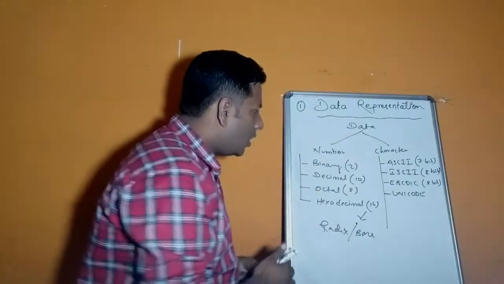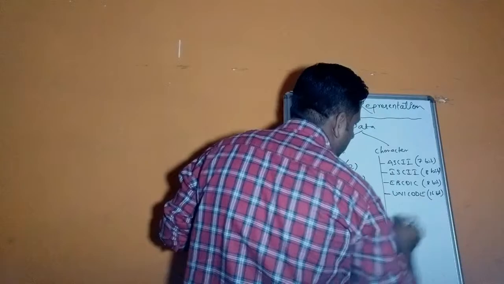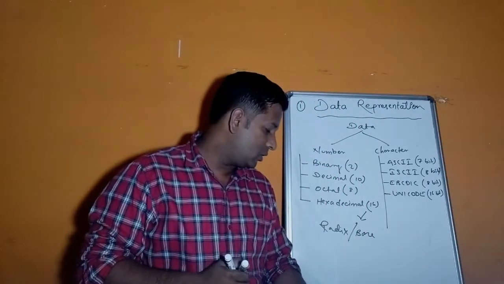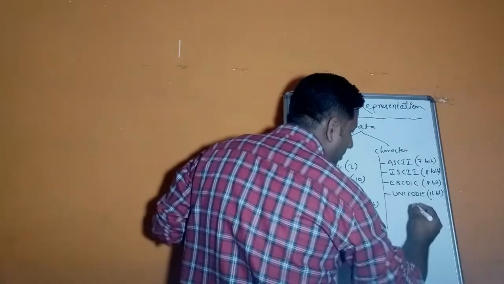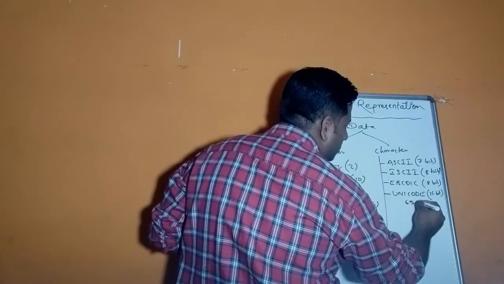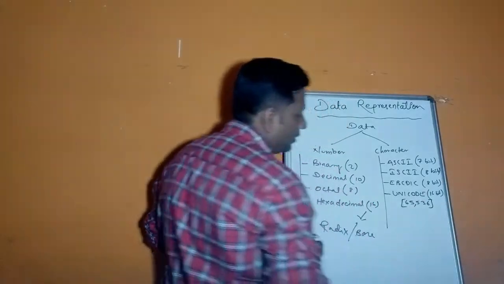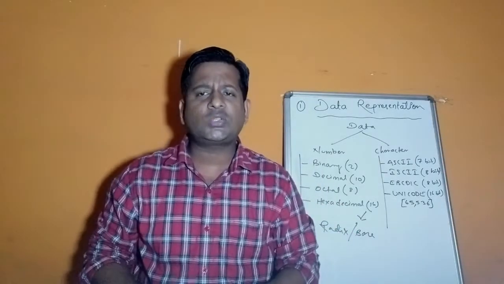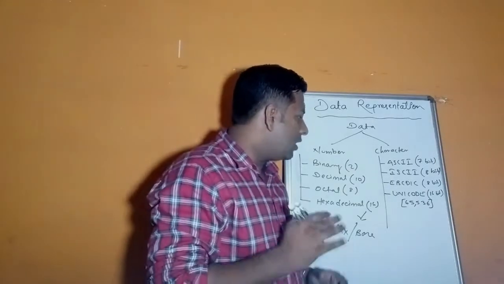For that, Unicode was discovered with 16-bit, which is capable of storing 65,536 characters. That is more than enough. Almost every character can be stored in Unicode.